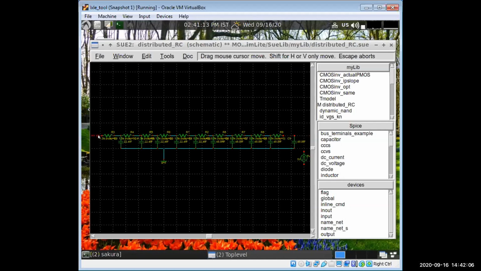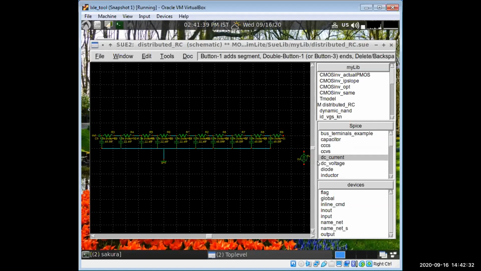Let me take here. Okay, this is the output. I have to connect this capacitance there. Now it is connected here.